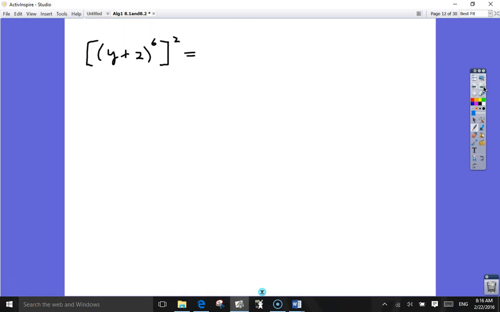How many y plus 2's are there? When you raise a power to a power, what do you do? Yeah, so again, that's going to be a multiply. So that's y plus 2 to the 12th. Good, agree, Sarah?